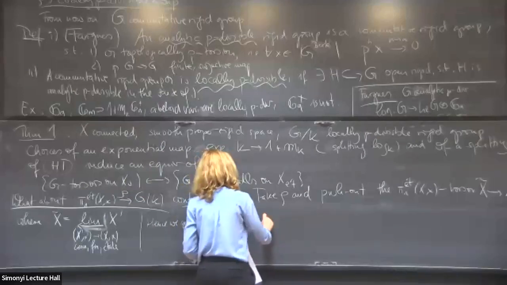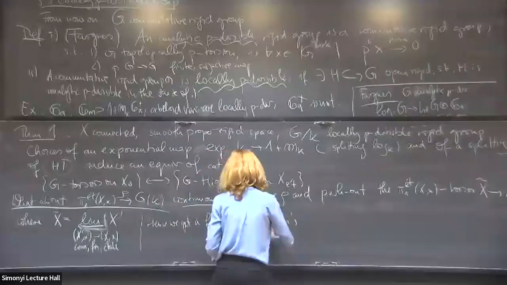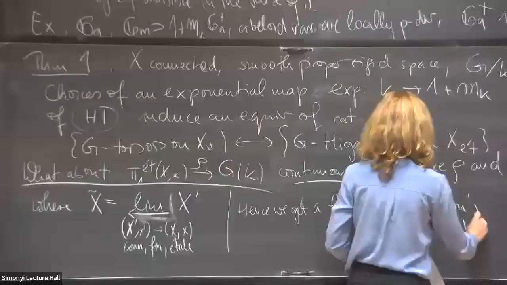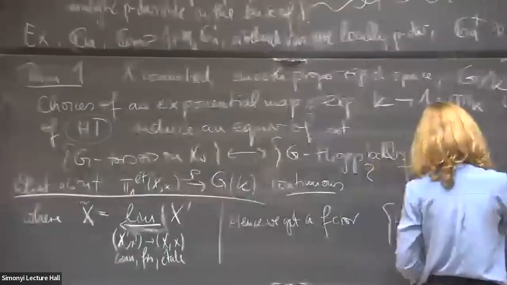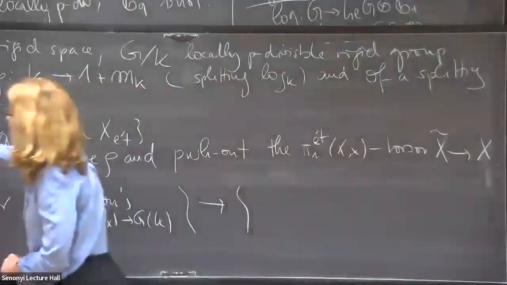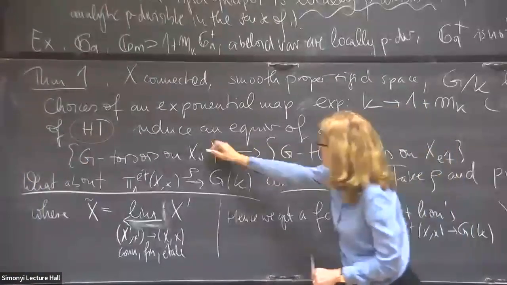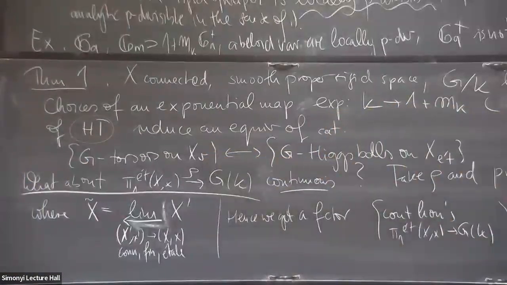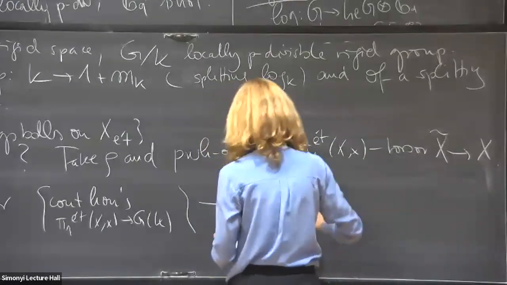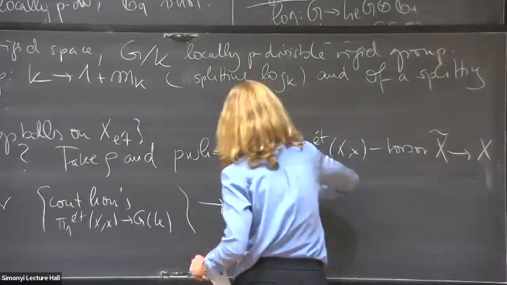From the continuous homomorphisms of the fundamental group, I push out to these G-torsors on X_v, and then we go on to the G-Higgs bundles. No, I will not do this.